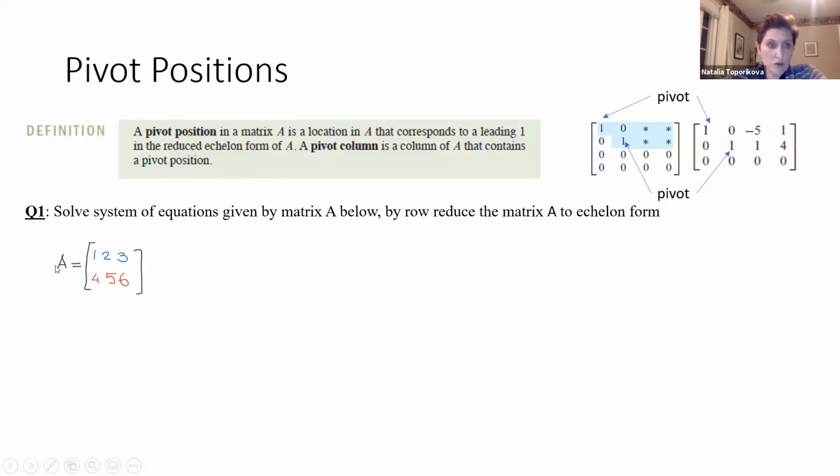I tried to find as easy a matrix as possible, and I also use color coding here to make working with the rows easier. Okay, so we have this matrix in reduced echelon form.